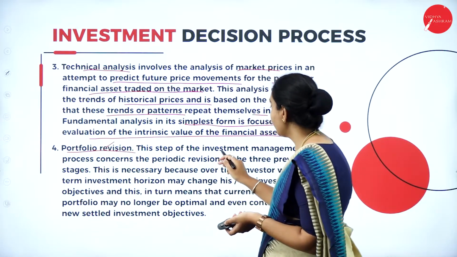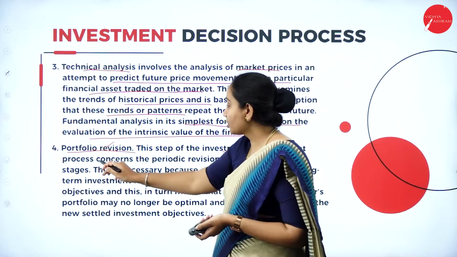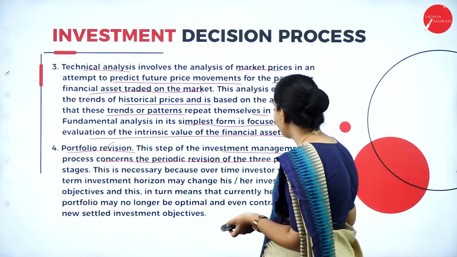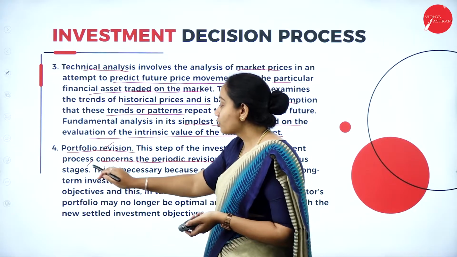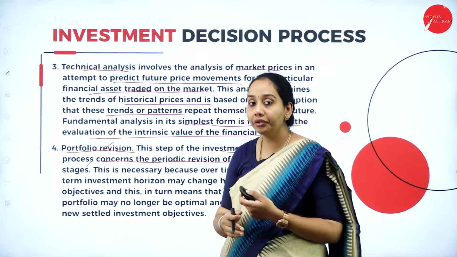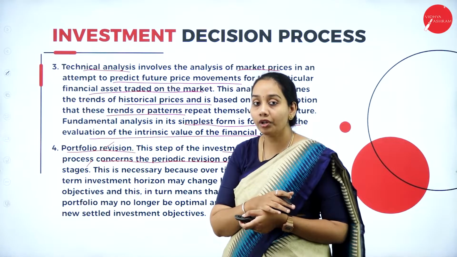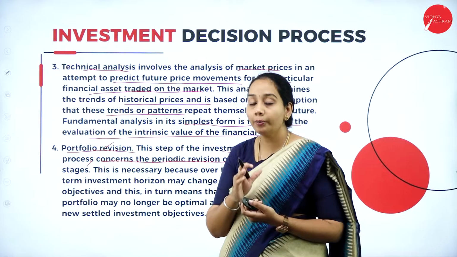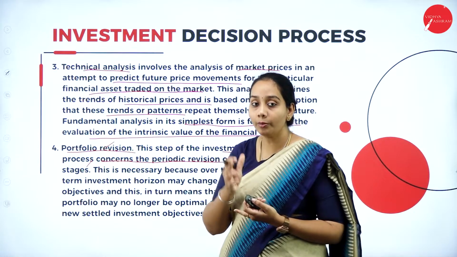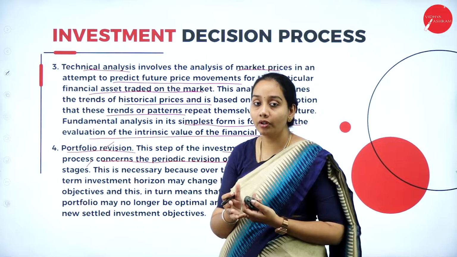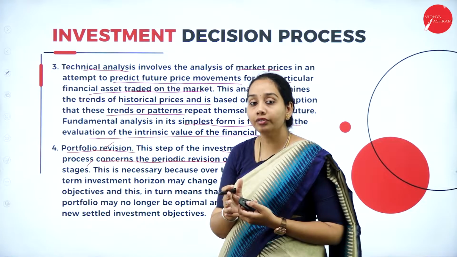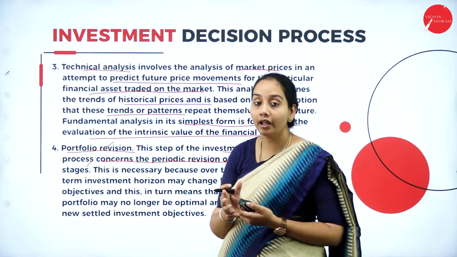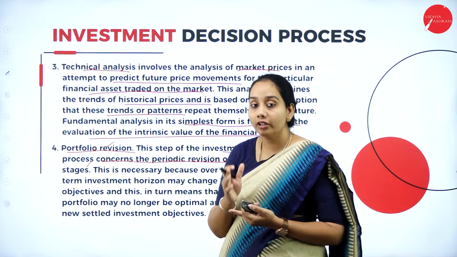Under this, the investment management process concerns the periodic revision of the three previous stages. That means again you are going to look into the three previous stages that we have gone through, and check whether your policy is meeting your objectives and investment goals or not. What different kinds of policies are available in SBI bank?